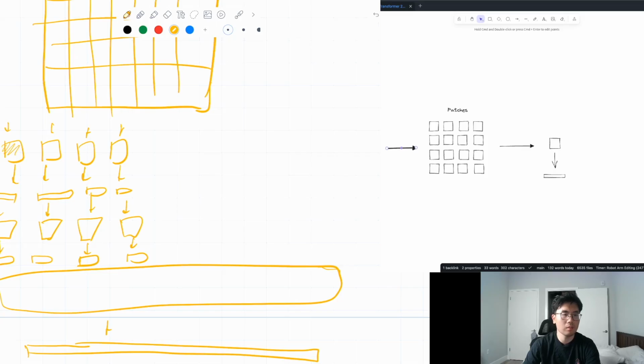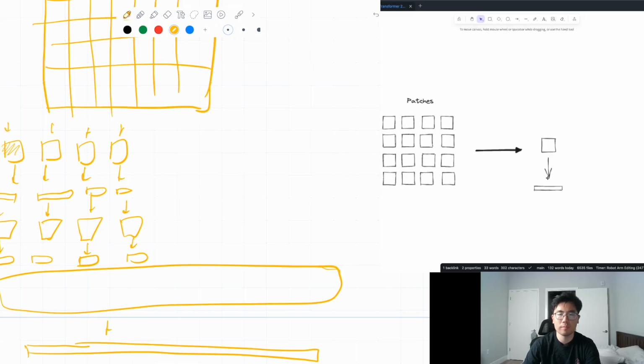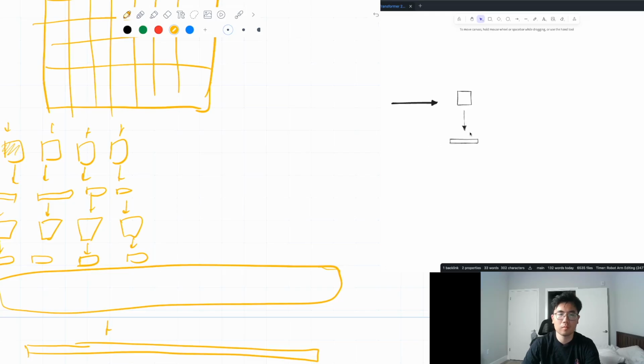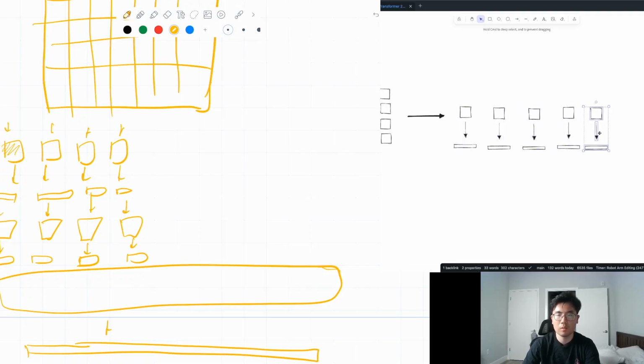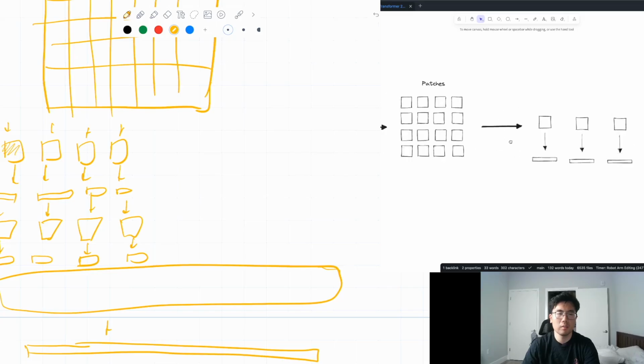Or maybe I make this thicker. Okay, maybe this is more intuitive. Flatten.